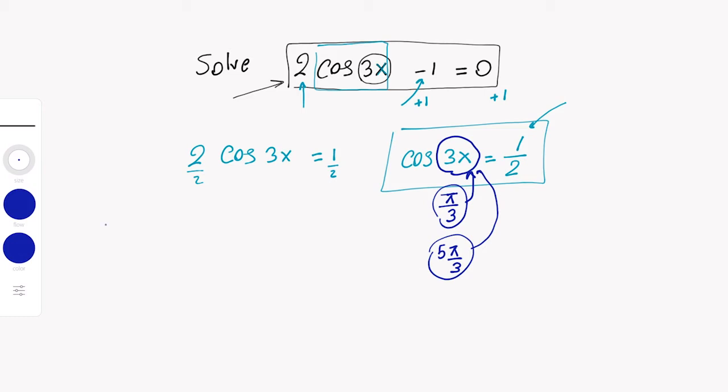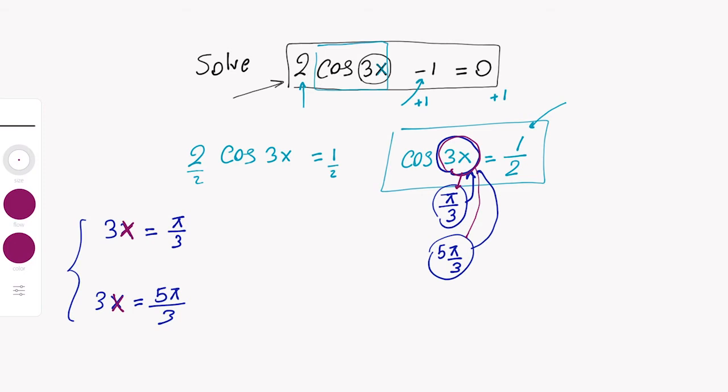So 3x must be equal to pi over 3, or 3x must be equal to 5 pi over 3. Not x, correct? Everything should be pi over 3, everything should be 5 pi over 3. And we are looking for x, we are not looking for 3x.